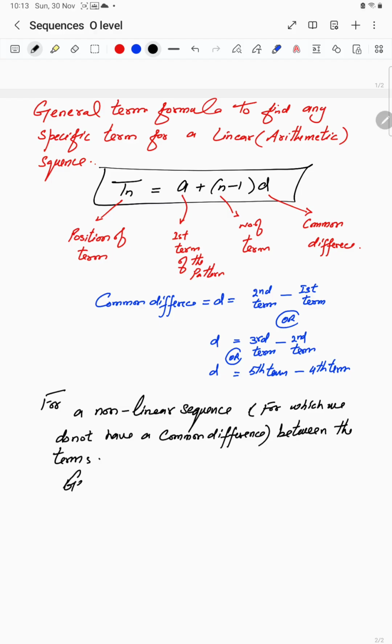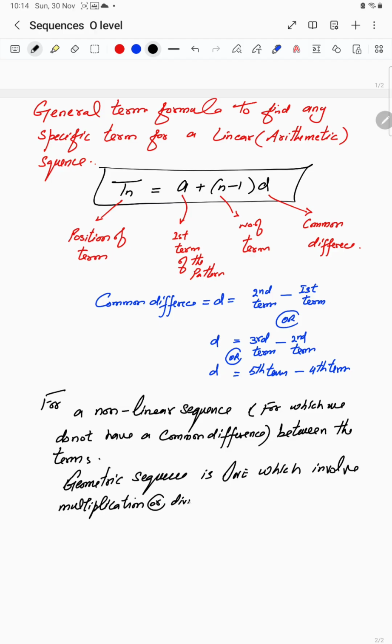A geometric sequence is one which involves multiplication or dividing by a common ratio.